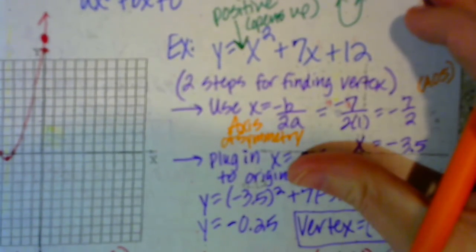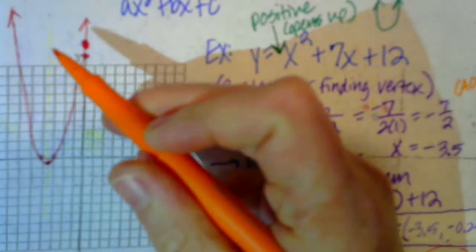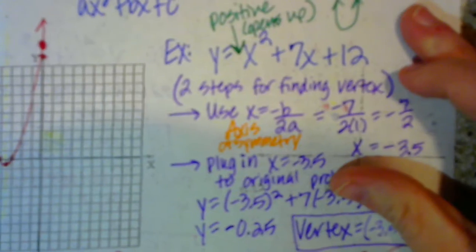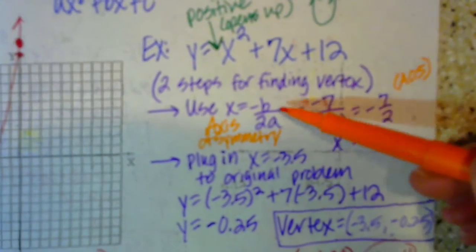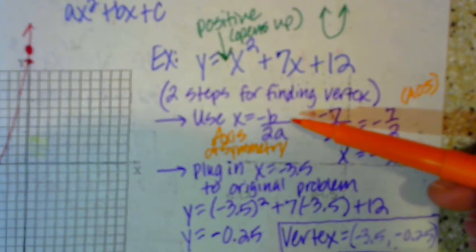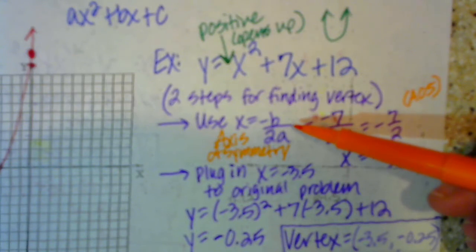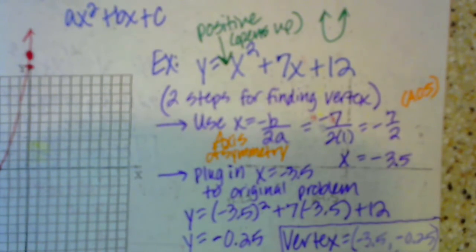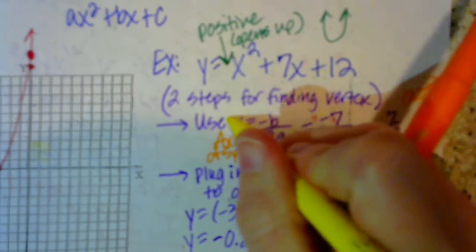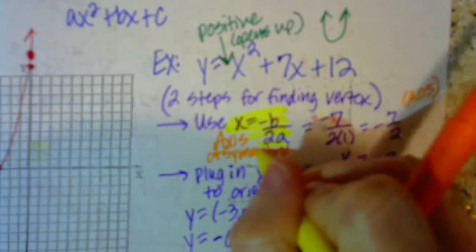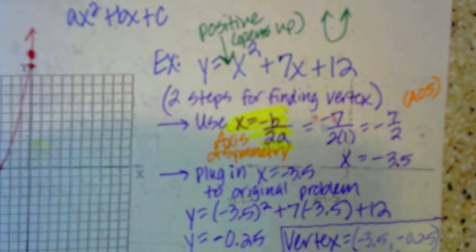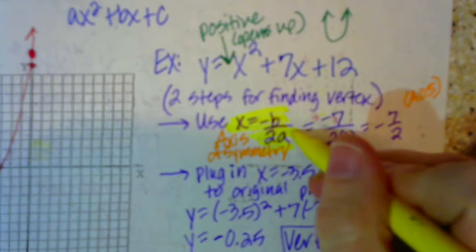That's just the imaginary line that's in the middle, and I'll show you that in a minute. So first I have to do this formula, x equals negative b over 2a. So this is a formula that you need when you're finding the vertex and it's in standard form. This is the axis of symmetry.